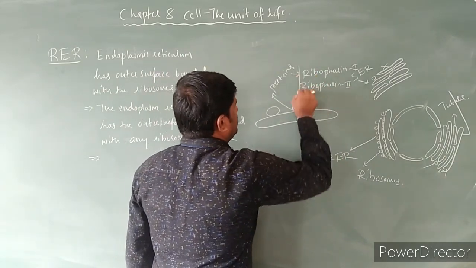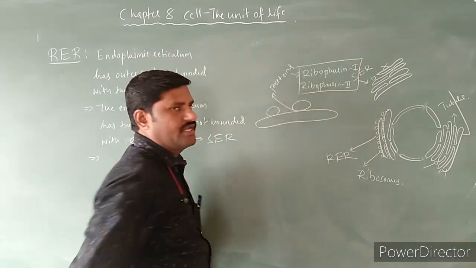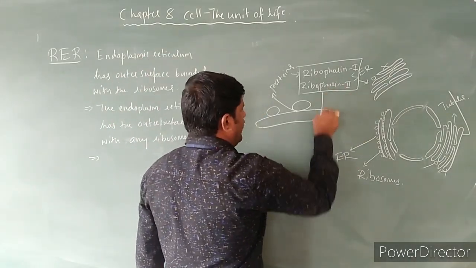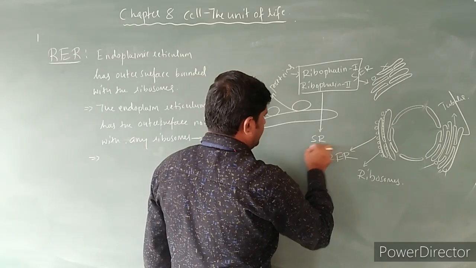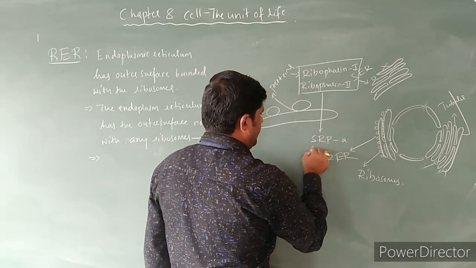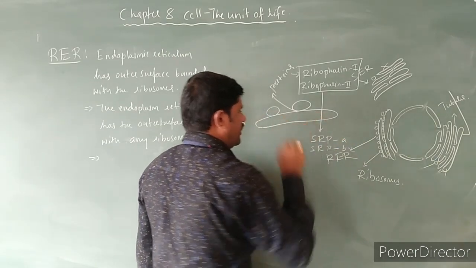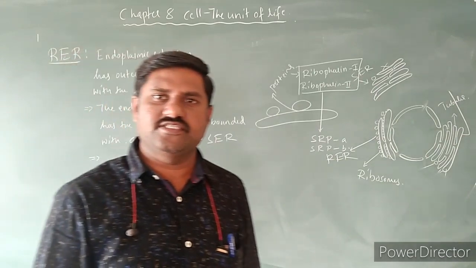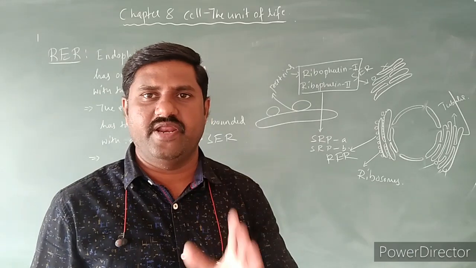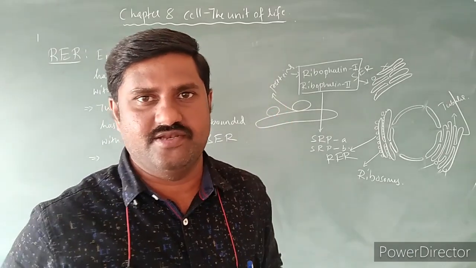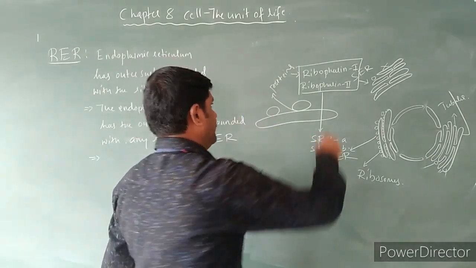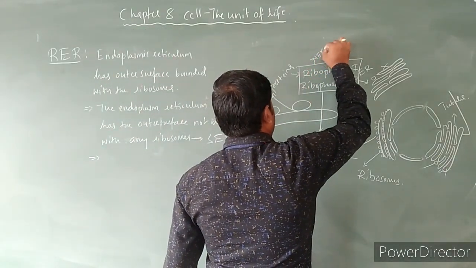These are ribophorin 1 and ribophorin 2, the proteins responsible for the attachment of ribosomes, and they are also called signal recognizing proteins. SRPA and SRPB are the two types of proteins responsible for the attachment of these ribosomes to the outer membrane of the endoplasmic reticulum. Right? These are very important proteins, remember them for the examination.